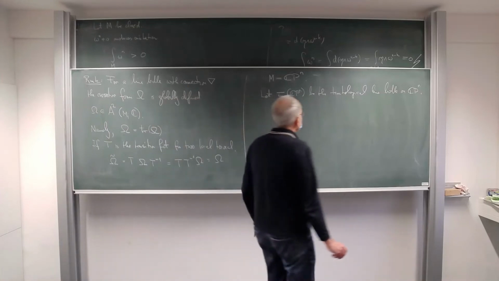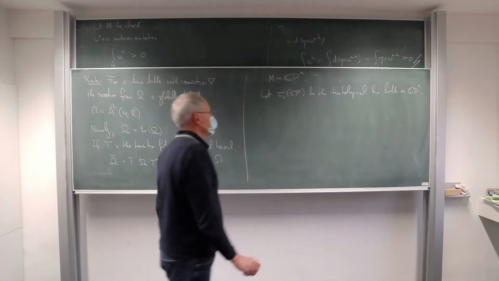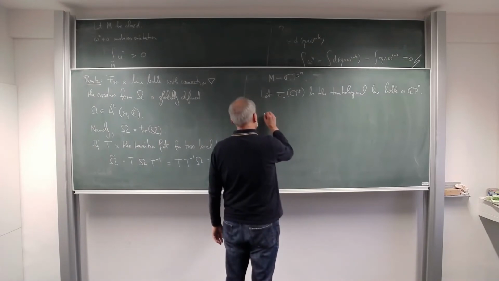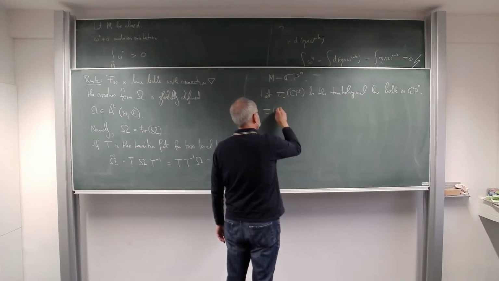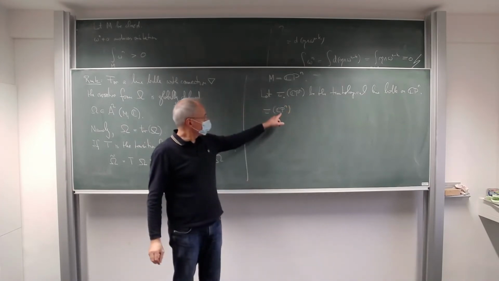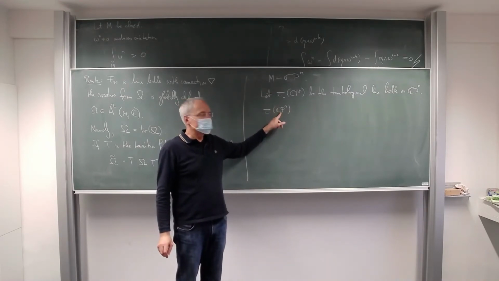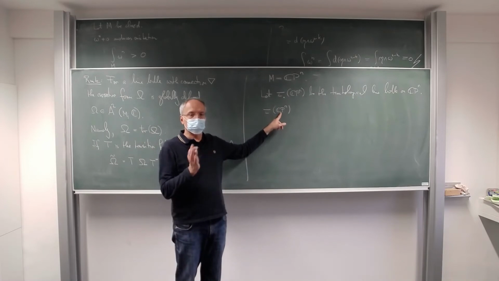Okay, so what is the connection? How can we come up with a connection? Well, there's a natural choice. We can do this as follows. Remember how this tautological line bundle is constructed: CP^n, by definition, is the set of all one-dimensional subspaces of C^(n+1).